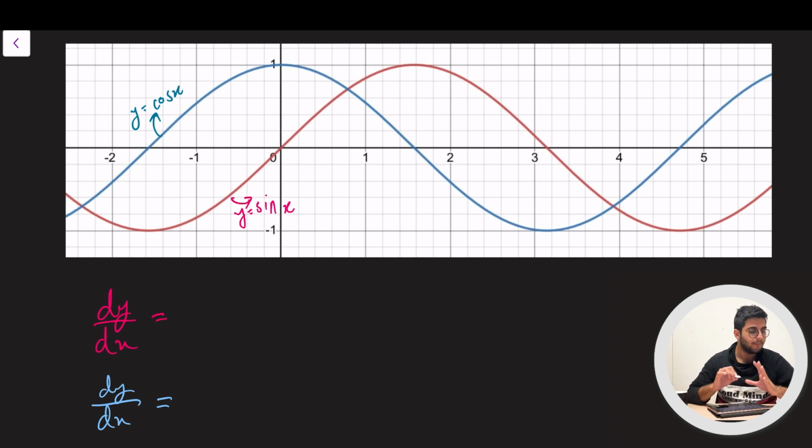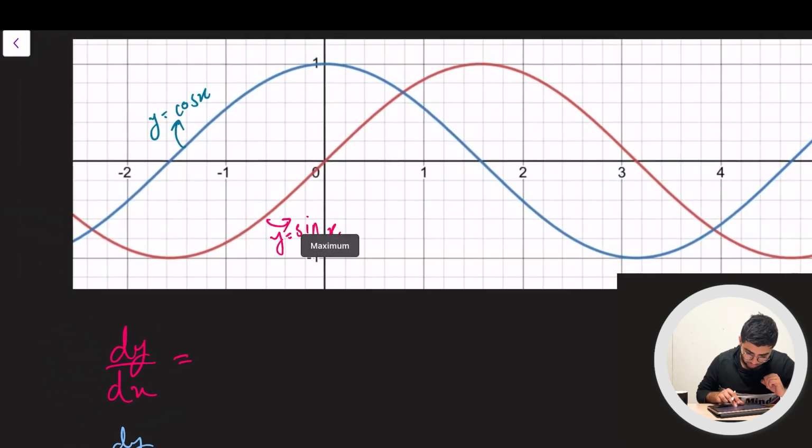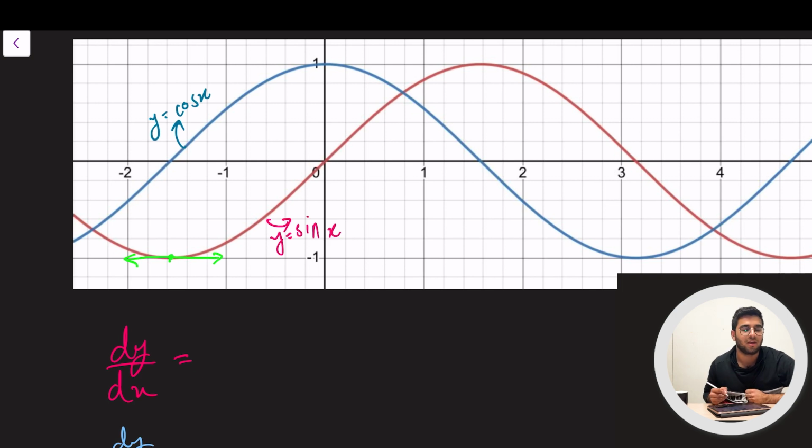We can start by looking at some points and seeing the derivative, the tangent, and hence what the derivative is. For example, at this point here, the tangent seems to be horizontal. Therefore, the derivative must be 0. So if we plot the derivative function, it would pass through 0 when x is at this value.